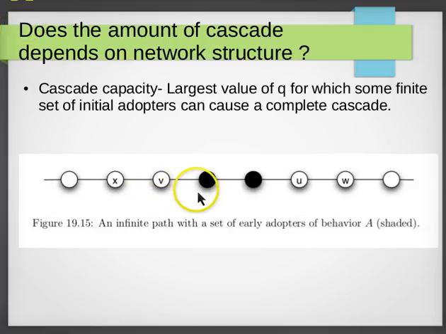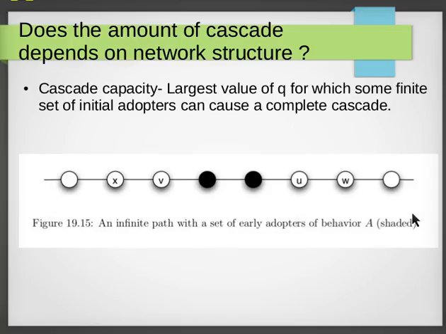In the next step, V is going to adopt this technology, because V has only two friends and one of them has already adopted the technology. Similarly U. Once V and U adopt A, X and W will also adopt A, and the process will go on indefinitely, and overall we can see that it will be a complete cascade.